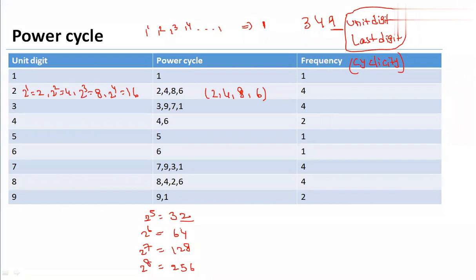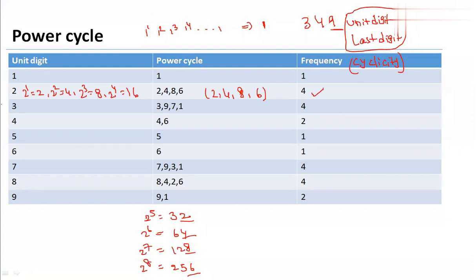Again, the same unit digits 2, 4, 8, 6 are going to get repeated. So this power cycle means that after 4 powers of 2, these unit digits are going to get repeated. That's the reason in the power cycle column you have taken the units places of the powers, and the cyclicity of 2 is equal to 4.